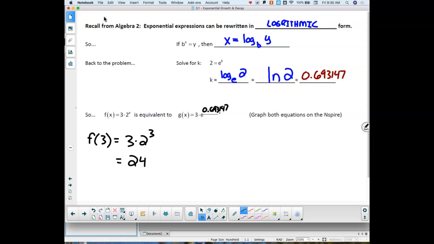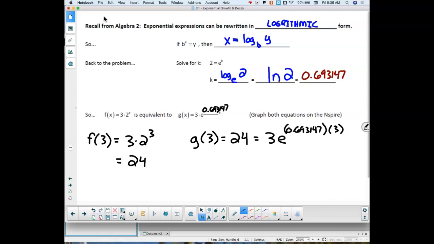If these two functions are equivalent, then g of 3 should also be 24, and that would be 3 times e to the 0.693147 power times 3.